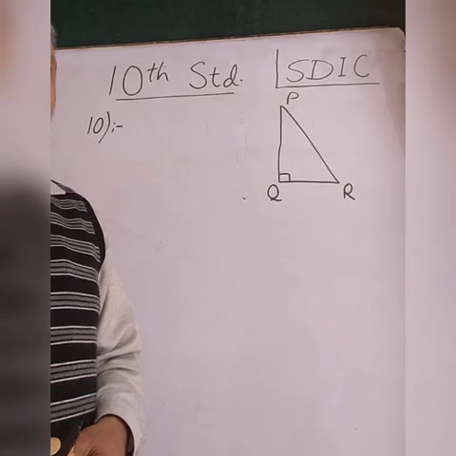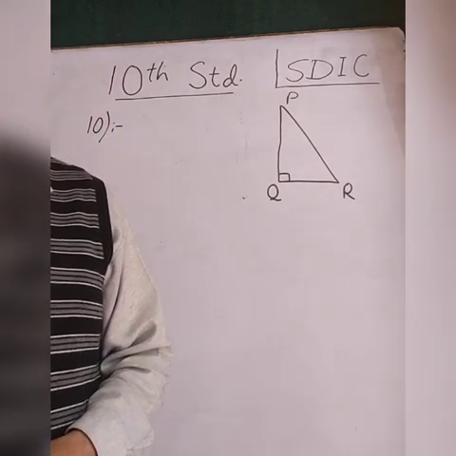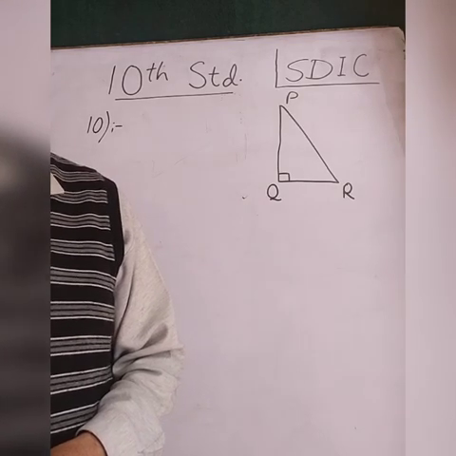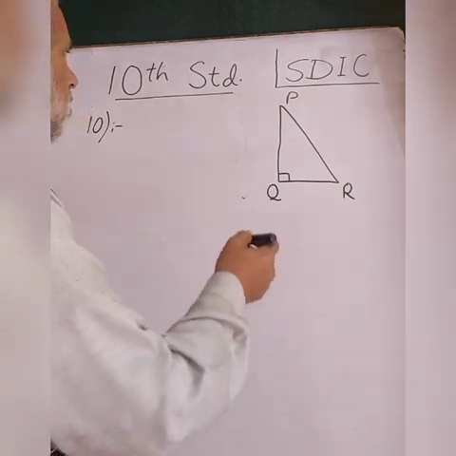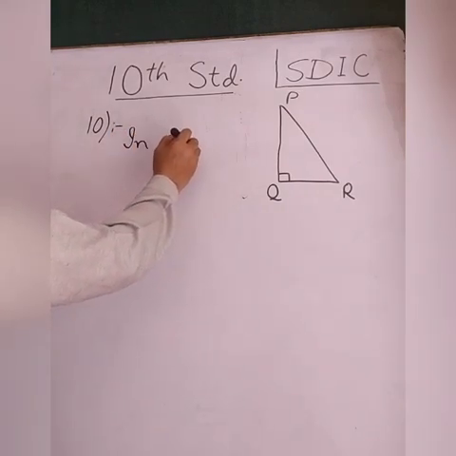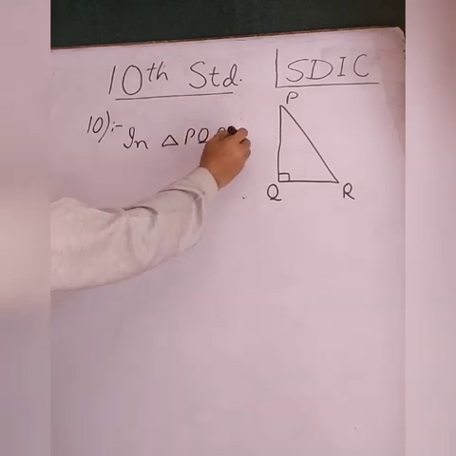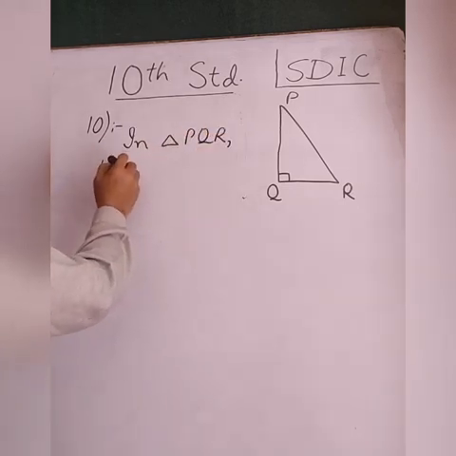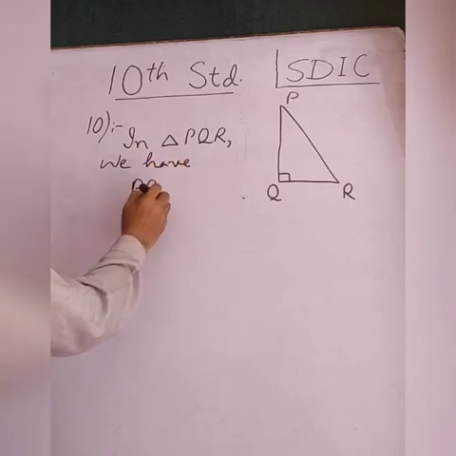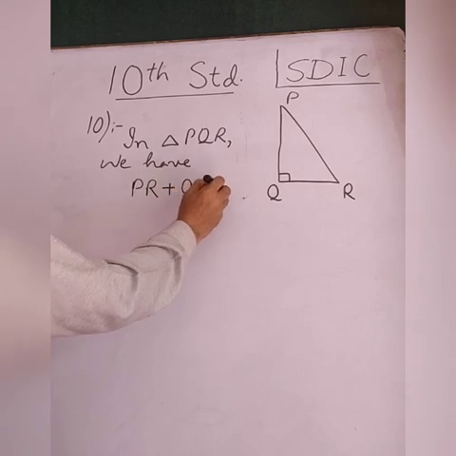Now, unlike the previous questions, this time we are given the sum of two sides. Sum of two sides of the triangle is given. PR plus QR, 25 centimeter. In triangle PQR, what do we have? PR plus QR is given. Sum of the two sides. PR is the hypotenuse.